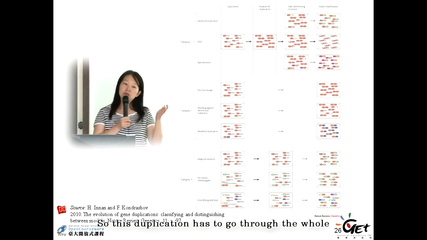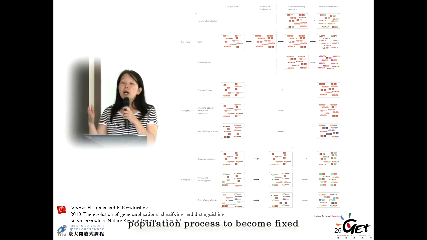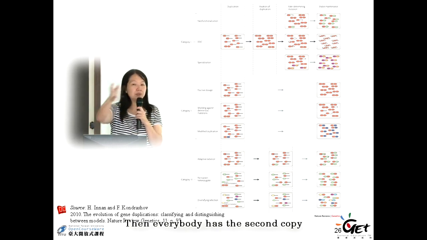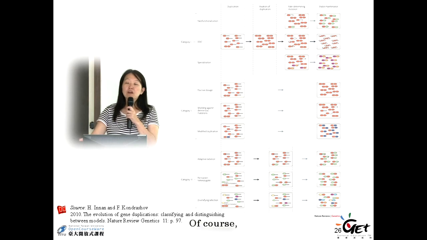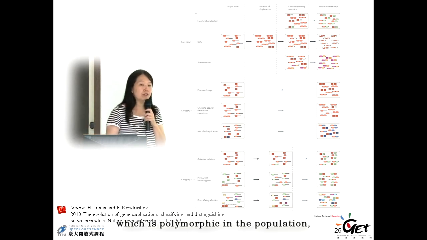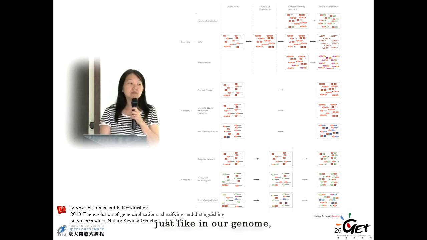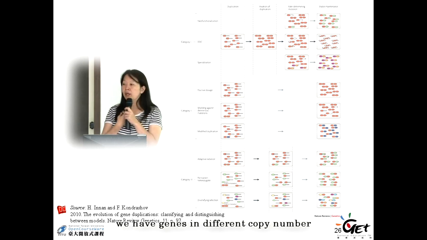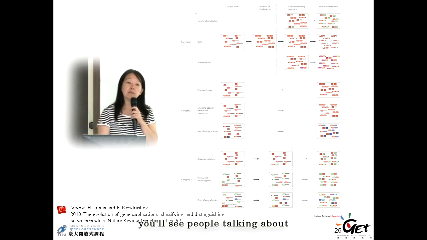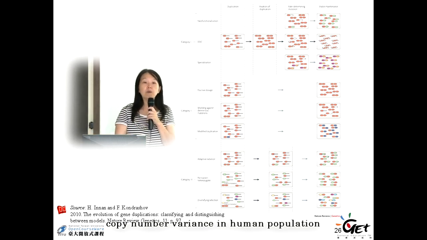So this duplication has to go through the whole population process and become fixed in the population, then everybody has the second copy. Of course, there are copies which are polymorphic in the population, just like in our genome, where we have genes in different copy numbers. Not long ago, you saw people talk about copy number variants in the human population.